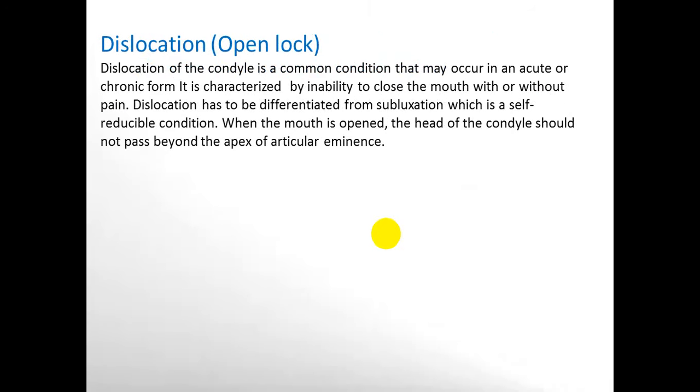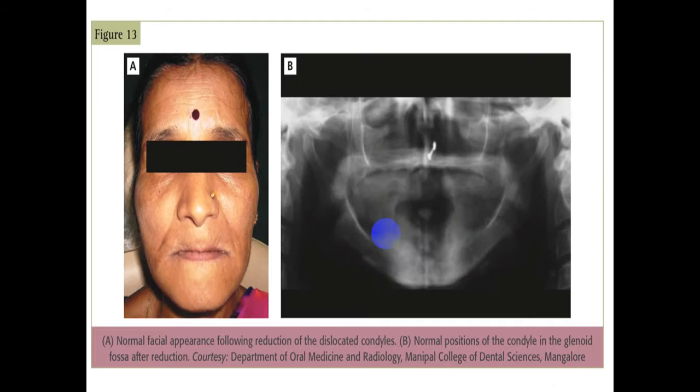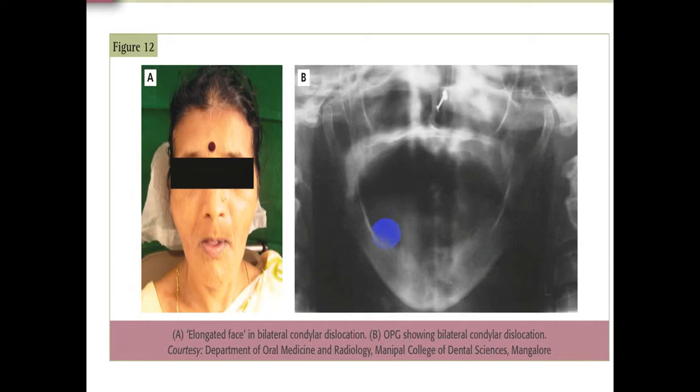The dislocation, or open lock, of the condyle is a common condition that may occur in an acute or chronic form. It's characterized by inability to close the mouth, with or without pain. We see here the normal facial appearance following reduction of the dislocated condyles, and here we have an elongated face in the bilateral condylar dislocations, while the OPG shows bilateral condylar dislocation.